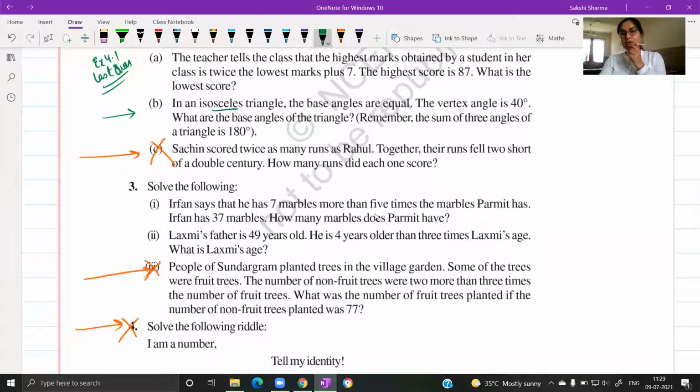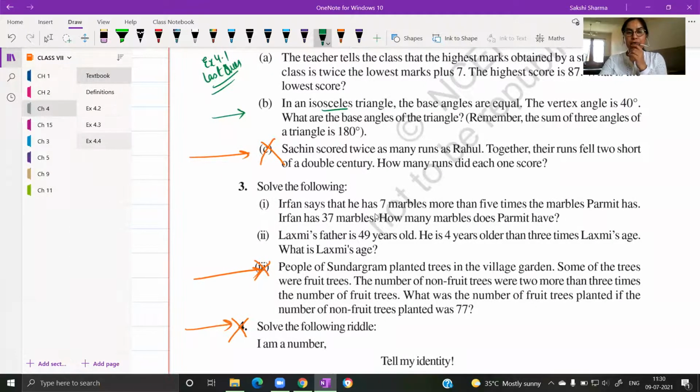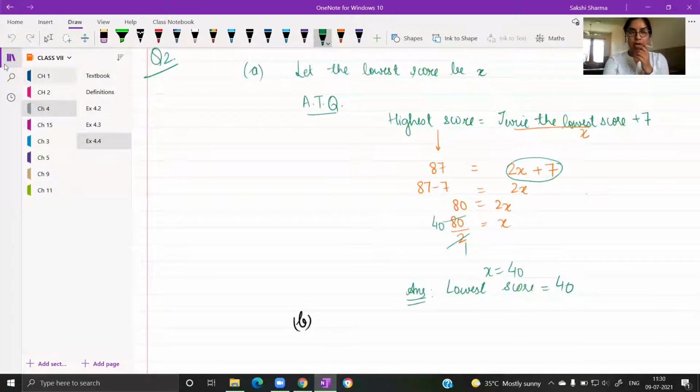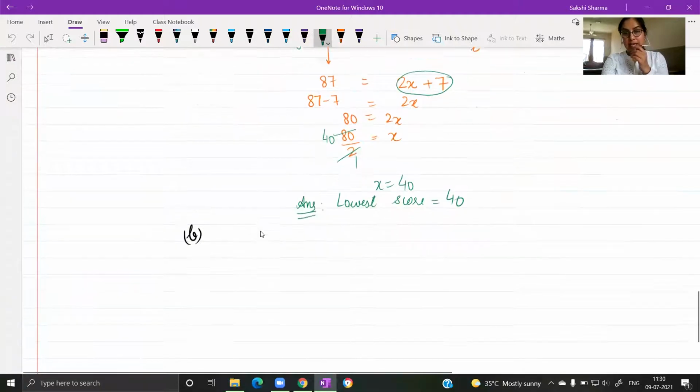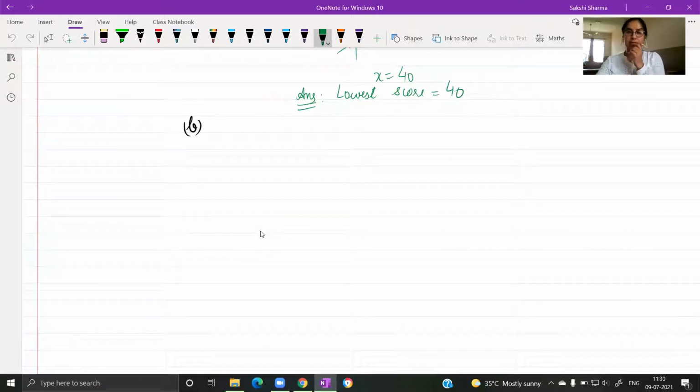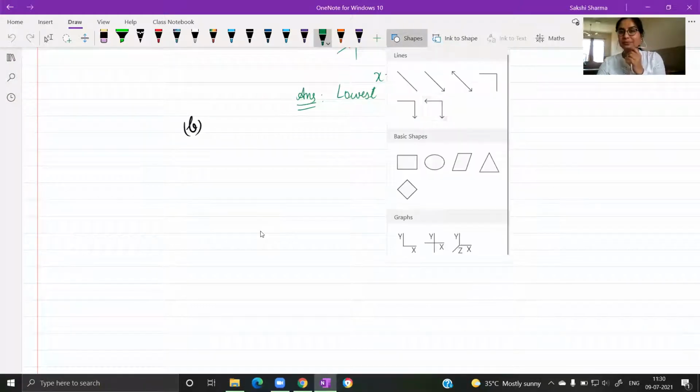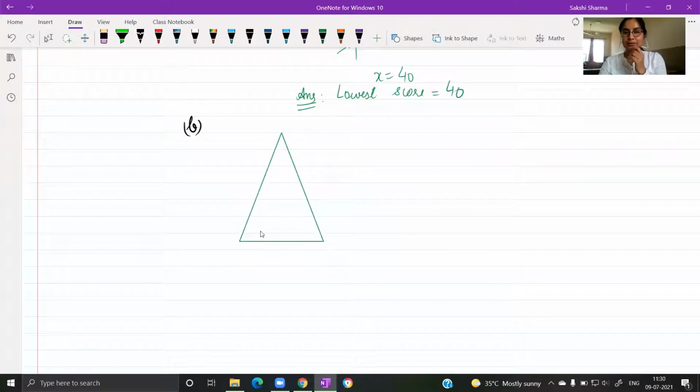Remember, the sum of the three angles of a triangle is 180 degrees. So let us draw a rough figure of an isosceles triangle, and mark the base angles and the vertex angle. So let us say this is an isosceles triangle. The base angles will be equal.